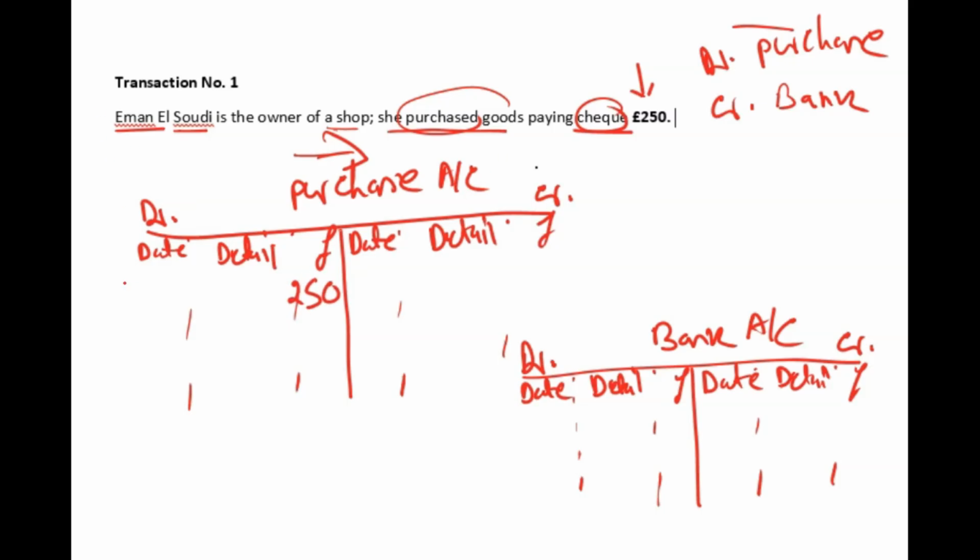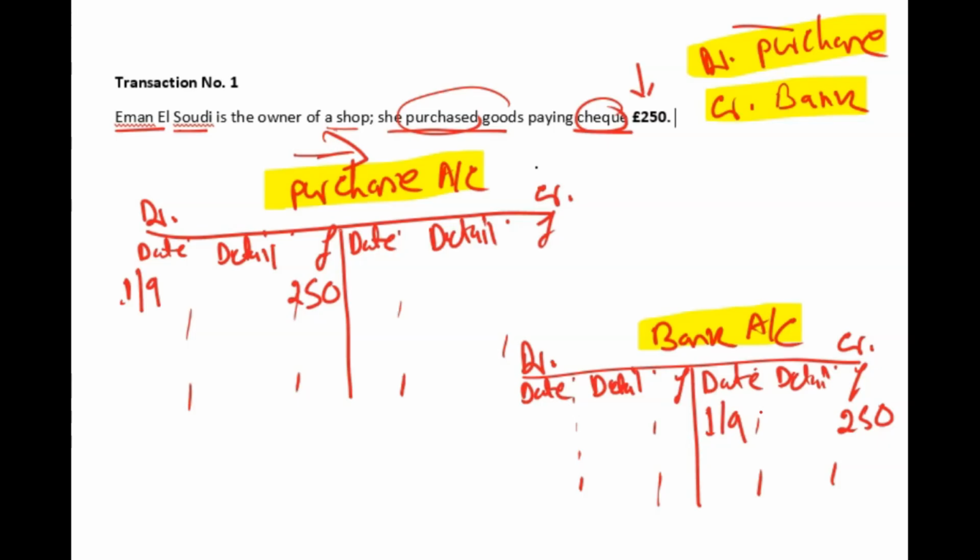And the date, let's assume today is the 1st of September. Now your bank account is credit, so on the bank account, you go to the credit side, writing 250 and the date 1st of 9. That's your debit credit done.